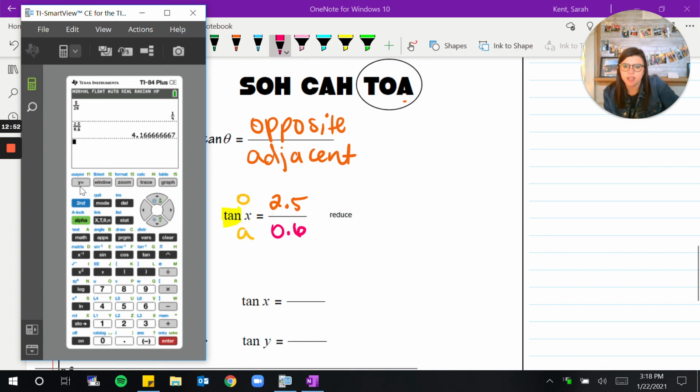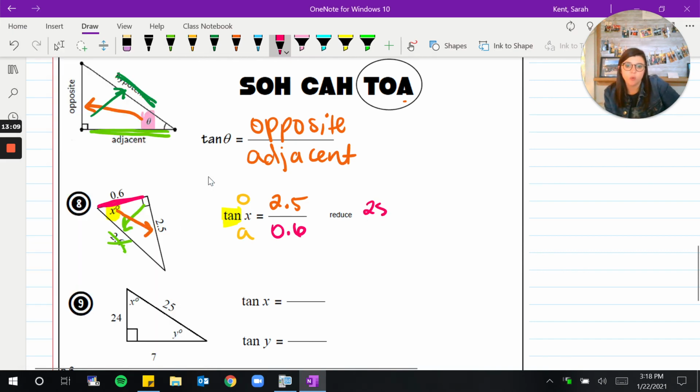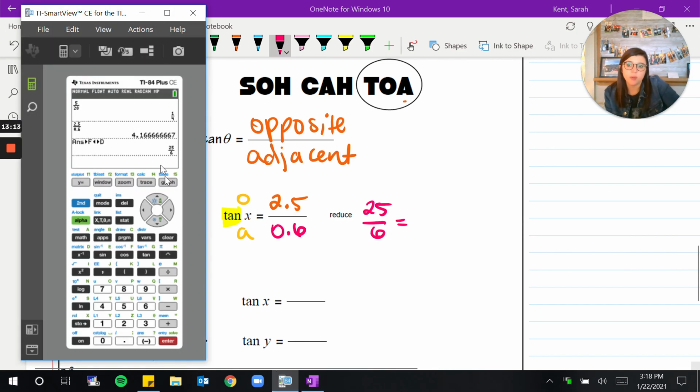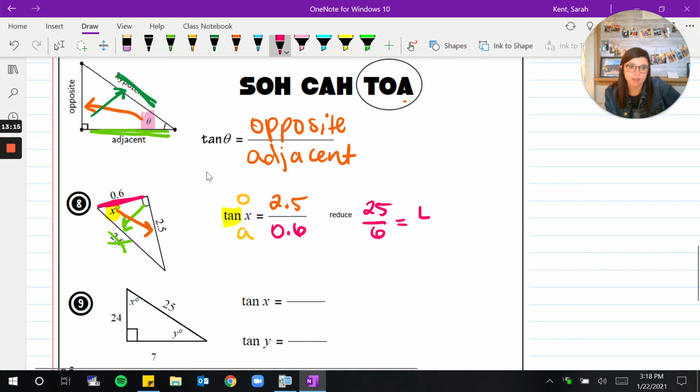So let's see if we can get a nicer number. If I do alpha y equals, if I click number 4, it'll change it back to a fraction. Let's see, it says 25 over 6. So here we could do 25 over 6, or we can put this decimal, 4.16. They're the same thing.